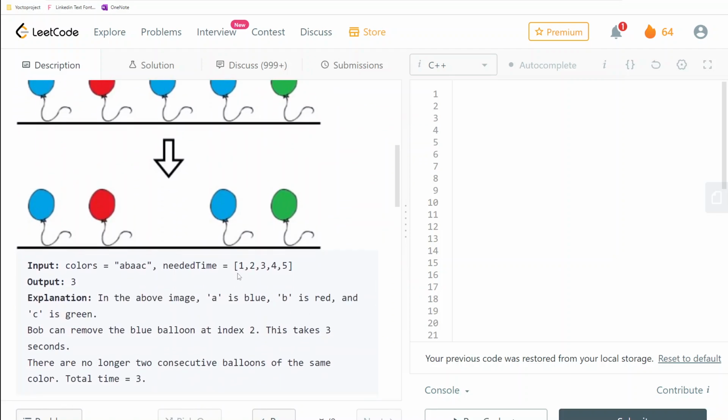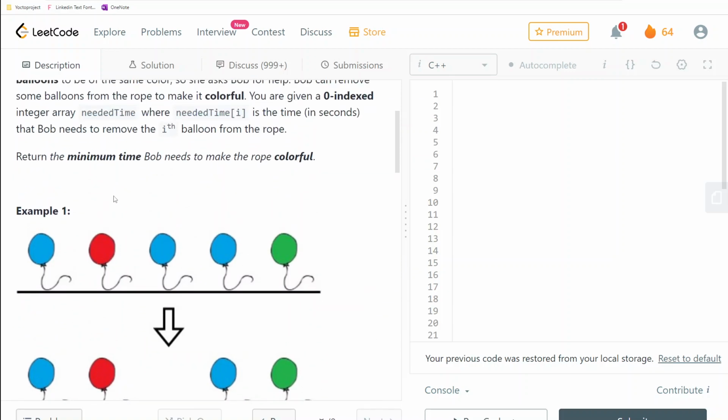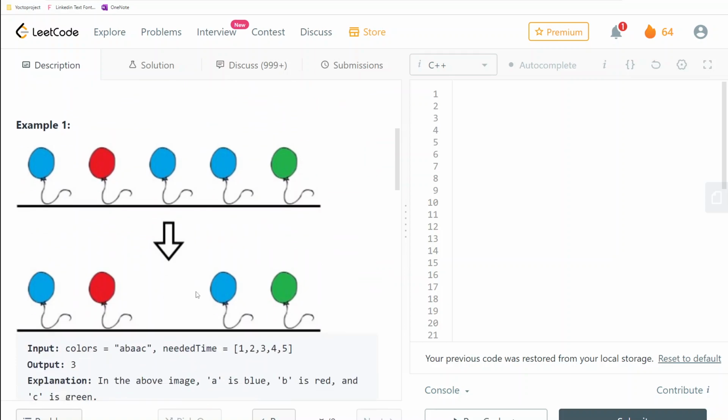So basically this array which is being given to us is the neededTime array. Corresponding to this array only, we can easily remove these particular balloons. But the thing is that we require the minimum time to remove those balloons so that the rope becomes colorful.